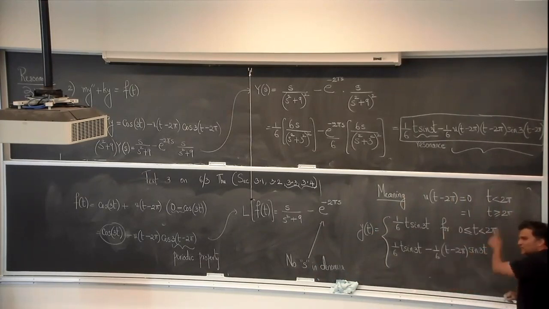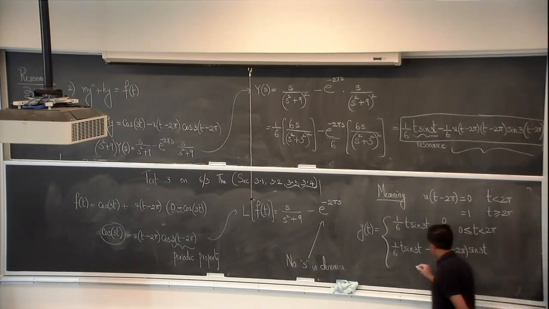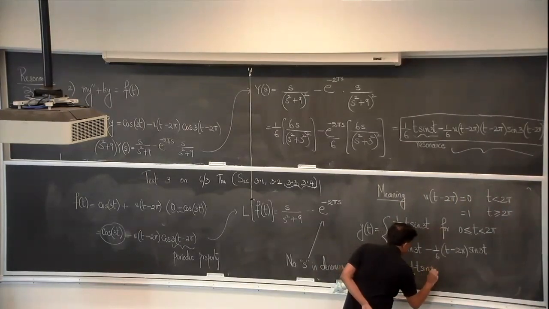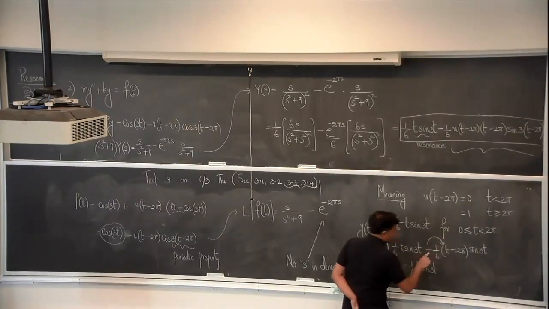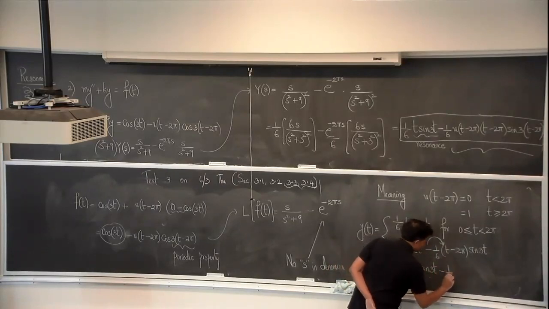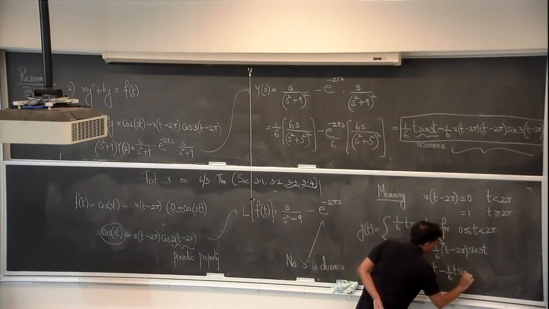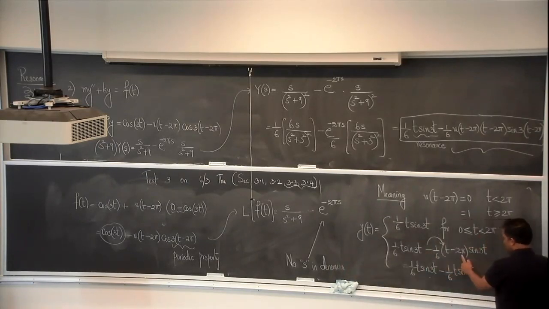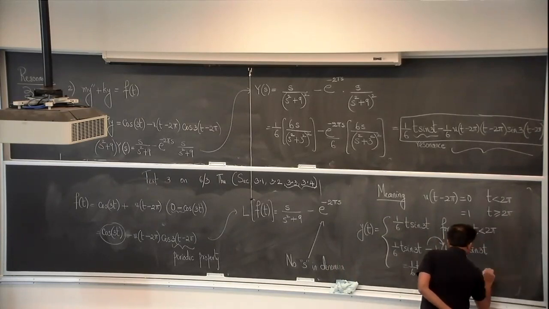Yes, again, sine is periodic with 2 pi. If you simplify, the first block of terms would be 1/6 t sine 3t minus 1/6 t sine 3t. The second one would be negative 1/6 times negative 2 pi, which is pi over 3, times sine of 3t.